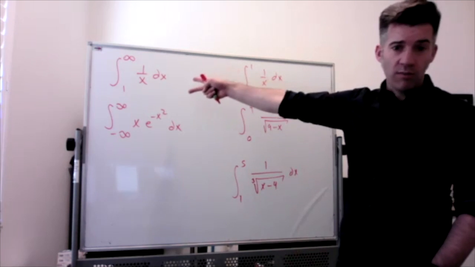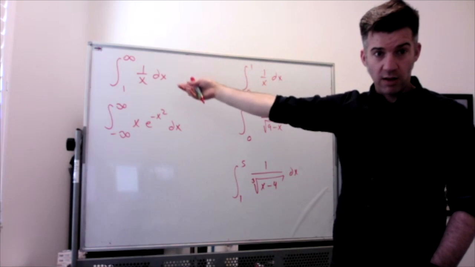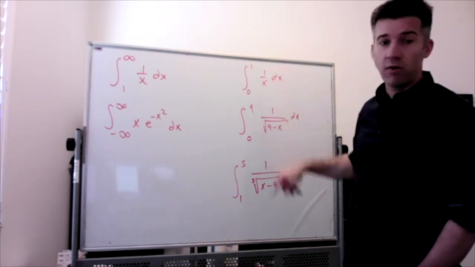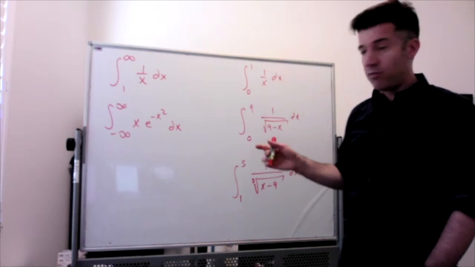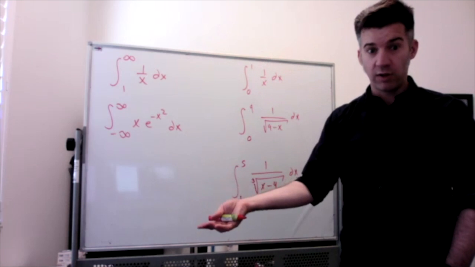So those first ones are all improper because a limit of integration is some sort of infinity. These are all improper because the function you're integrating is undefined somewhere on your interval, maybe more than one place.